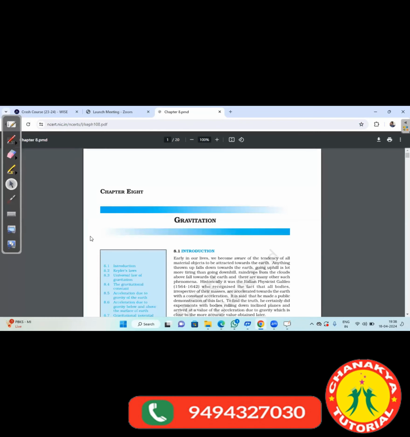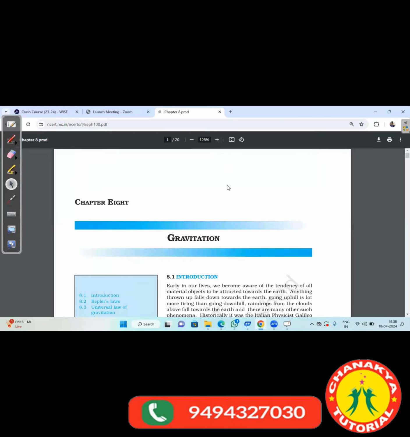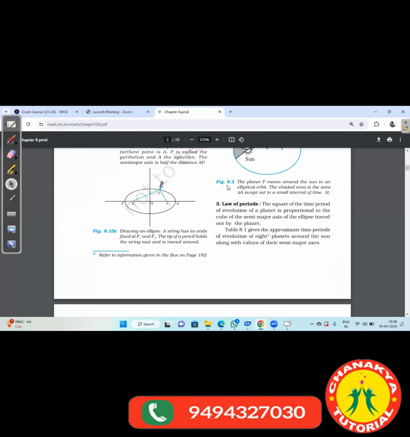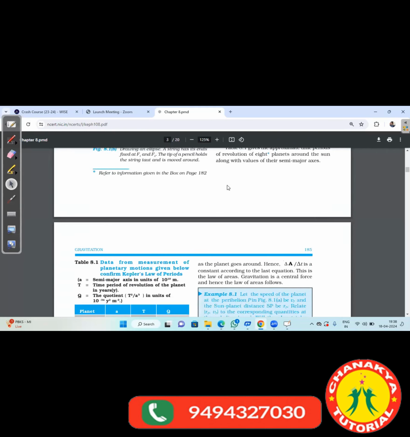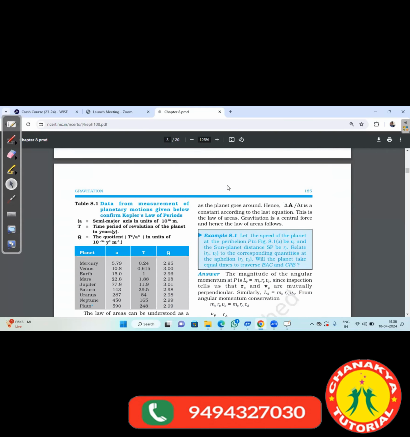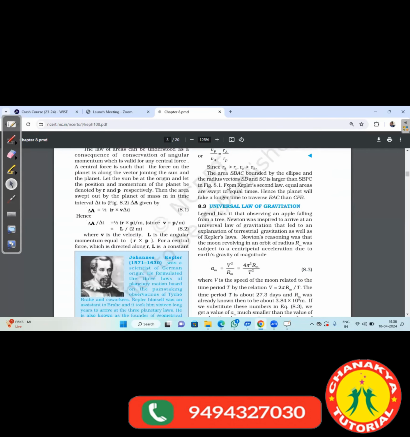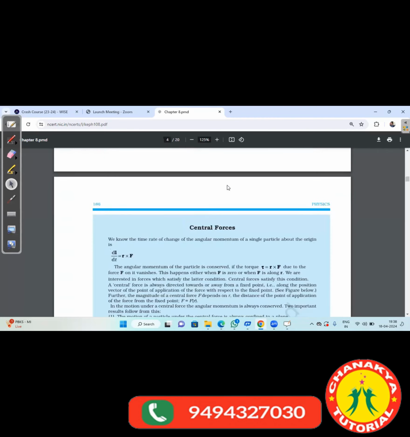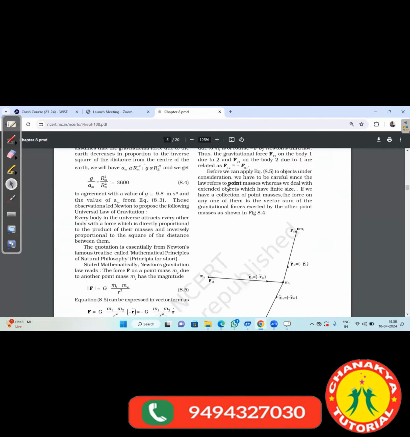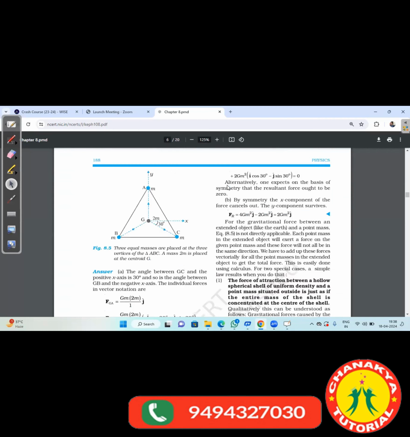Let me check if I can get one question, and then we can move out of this chapter. From this chapter, you should know about the law of periods, that is Kepler's laws. You should be aware of variation of g with height and depth. You should be aware of gravitational potential, gravitational field, and gravitational potential energy. If you are clear with these concepts, you can move on further.